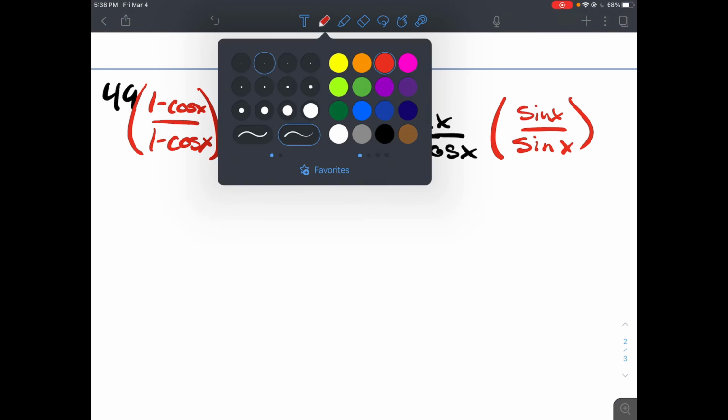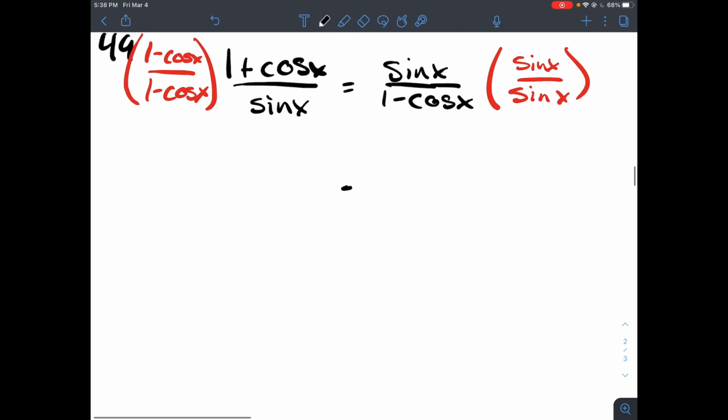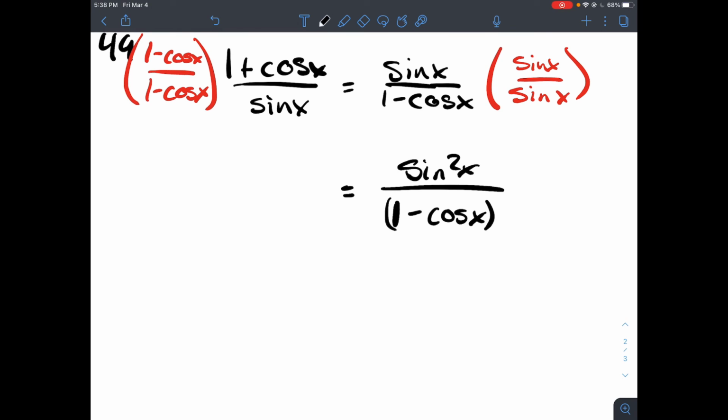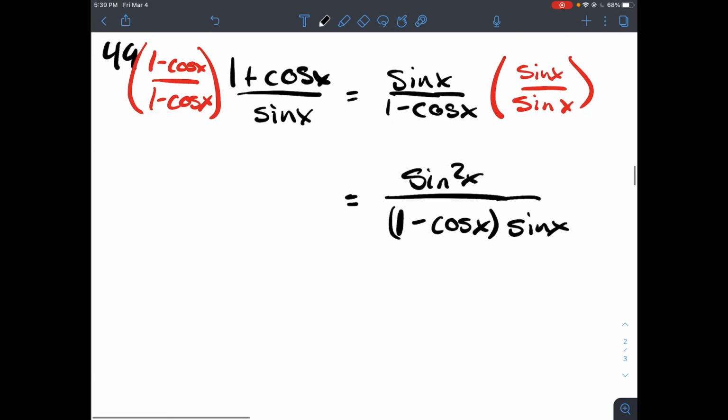Now, look at what we got here. I'm not even going to simplify the bottom. There's no point. We're going to get sine squared of x over 1 minus cosine x times sine x. And then the same thing over here, 1 minus cosine of x times sine of x.